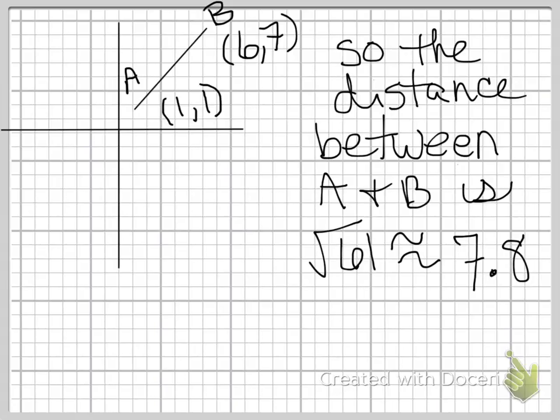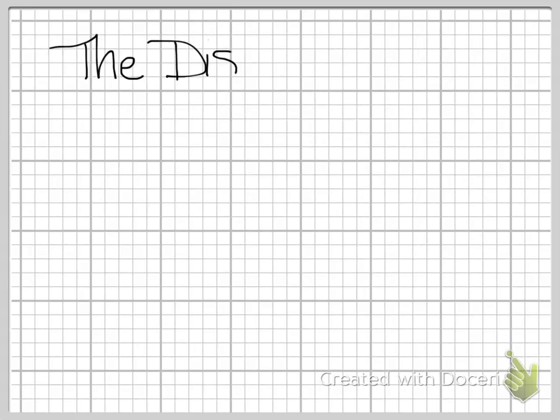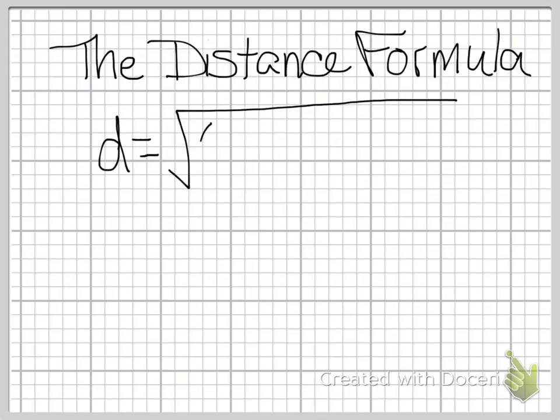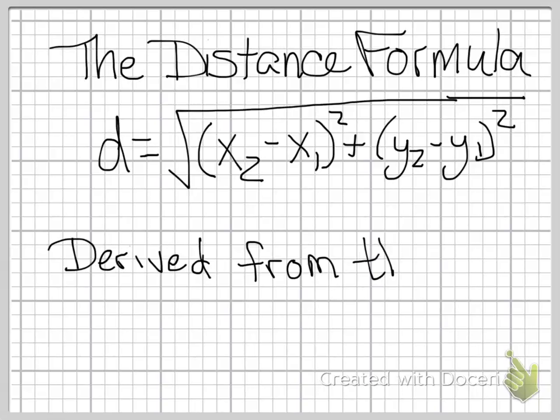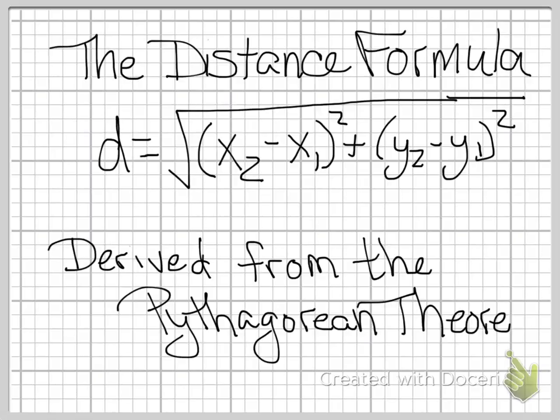Okay, so 3 steps. Now, we can write the distance formula as one equation to find distance. If this equation looks like too much, just go back and do the 3 steps. It does exactly the same thing, whether you put it in the formula or if you do the 3 steps separately. You'll come up with the same answer.